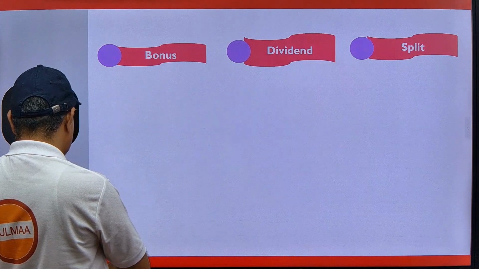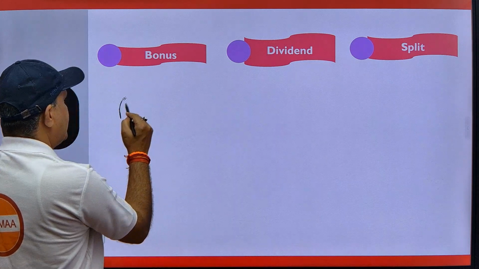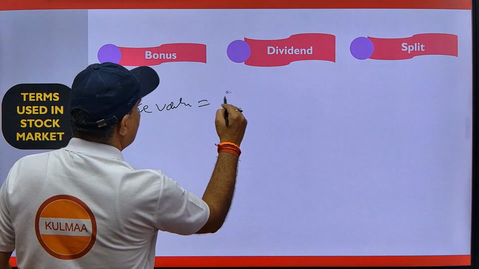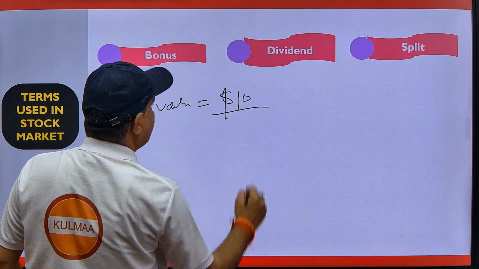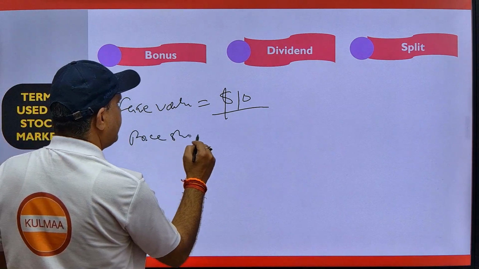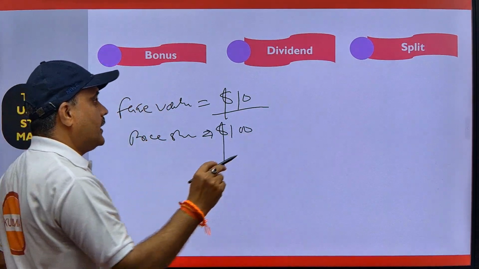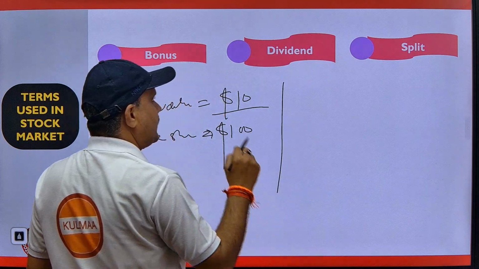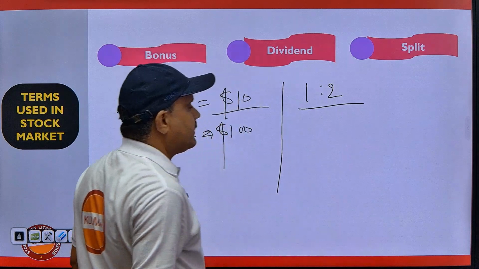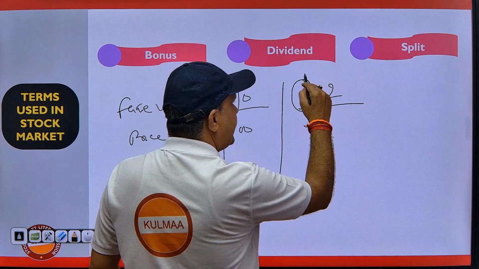But in case of a split, what do they do? If the face value of the company is $10, and the price of that particular share is $100, and they announce a 1:2 split, that means if we have 1 share in our hand, we will get 2 extra shares.